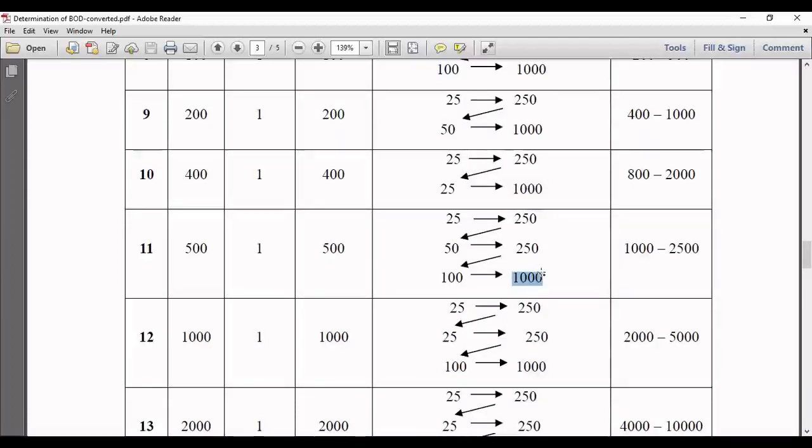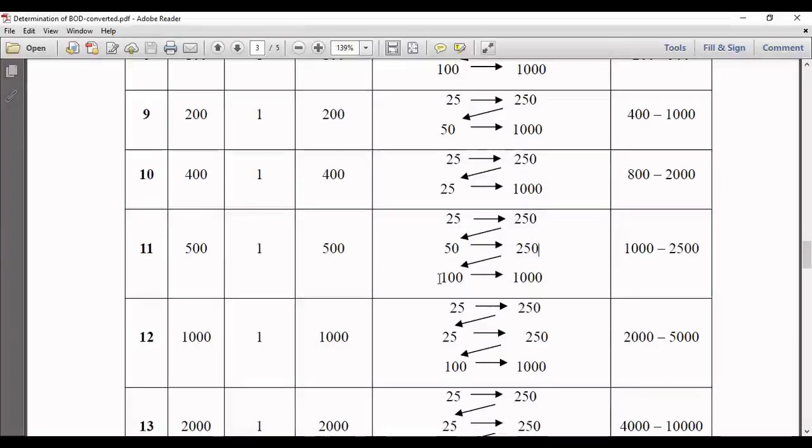So in the first step, we have achieved the dilution factor of how much? The dilution factor of 10 is achieved, right? In this particular step, we have achieved the dilution factor of 5, that is 250 upon 50. So here it is 250 upon 25, that is 10. Here it is 250 divided by 50, that is 5.